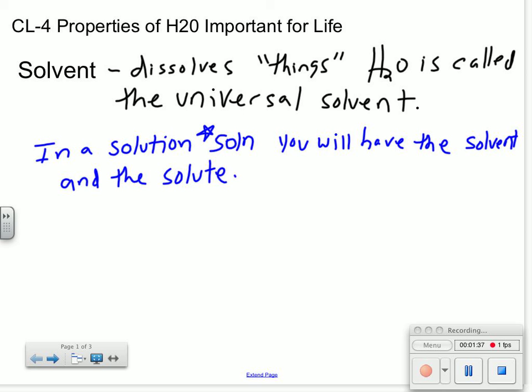The solute is dissolved. Salt water is a solution where the salt is the solute and the water is the solvent.